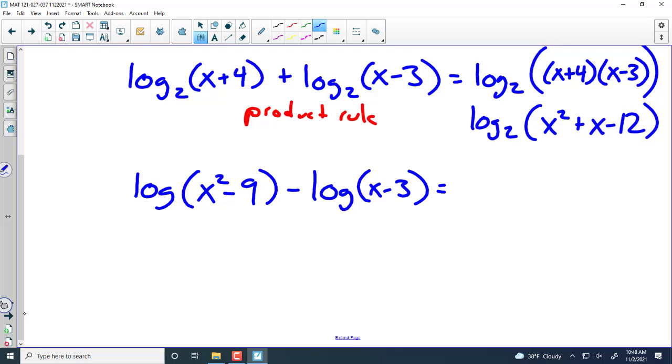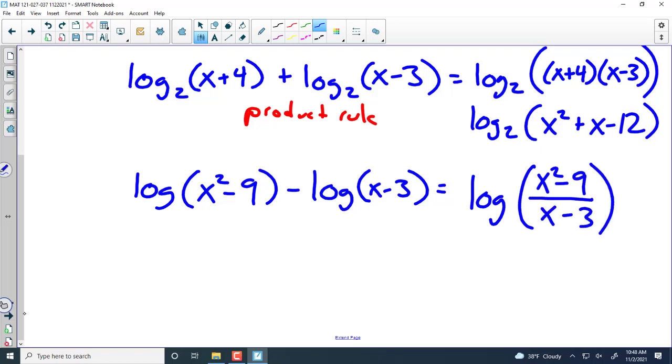You see, we can combine that using the quotient rule, everyone. And I know it's a quotient rule because there's a minus sign in the middle. And what I do is I rewrite this as log of x squared minus 9 over x minus 3. Does anyone in here know how to factor x squared minus 9? The difference of squares. How do you factor x squared minus 9? Brilliant.